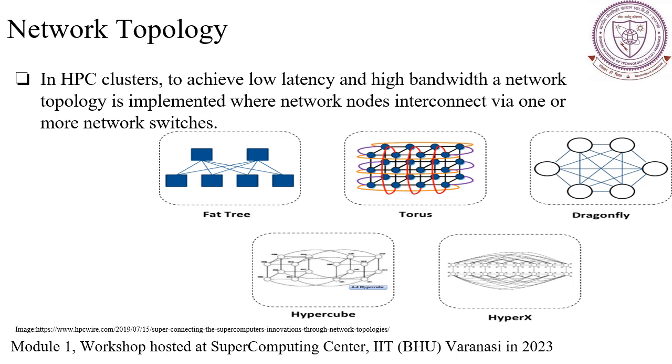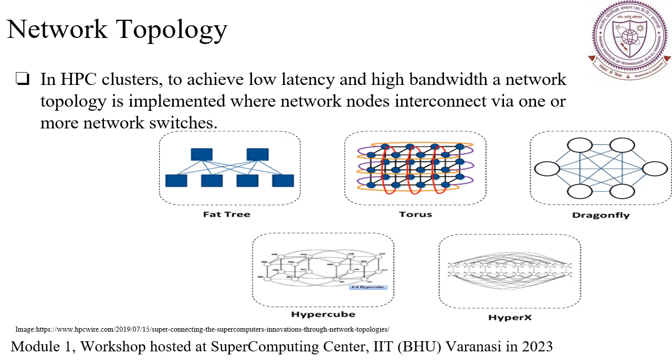First, fat tree. The fat tree topology is a hierarchical topology that is well suited for HPC clusters. It provides a high level of scalability and redundancy. Torus. The torus topology is a mesh topology in which the nodes are arranged in a grid.